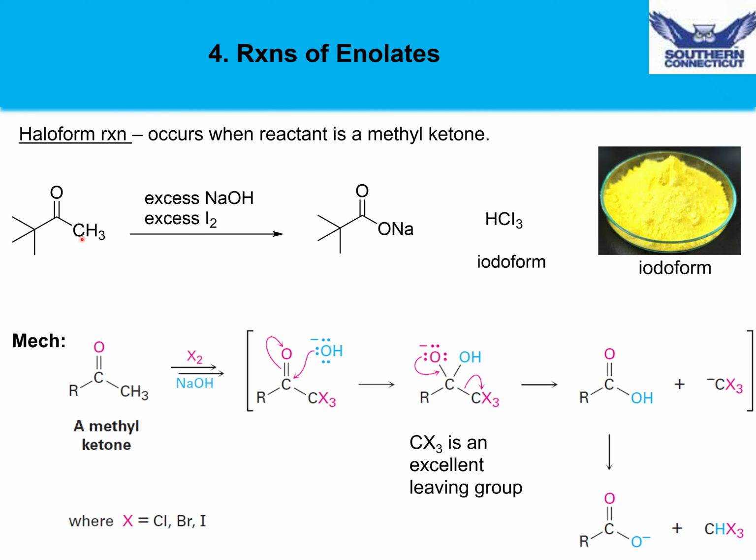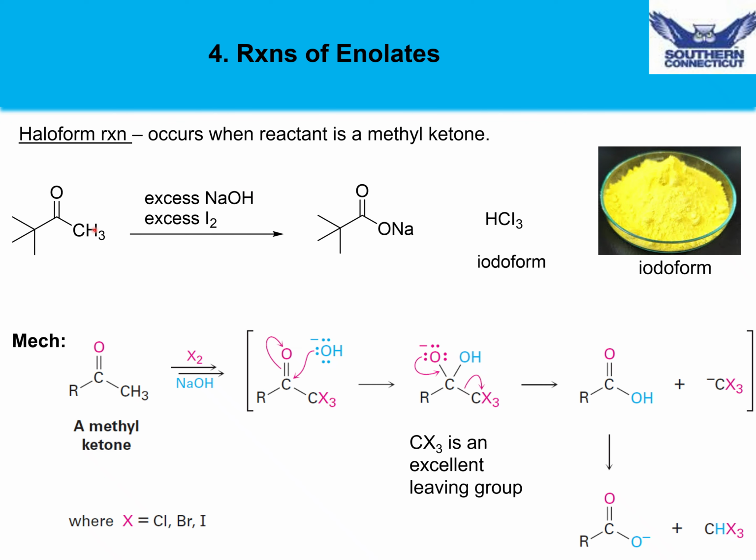From there, we have now a compound that is very electrophilic. Those 3 halogens will make this carbonyl very electrophilic, and an acyl substitution occurs where the OH will replace the carbon, which has the 3 halogens on it, and we end up with a product that is either shown as the conjugate base of a carboxylic acid or more traditionally is shown as a carboxylic acid.